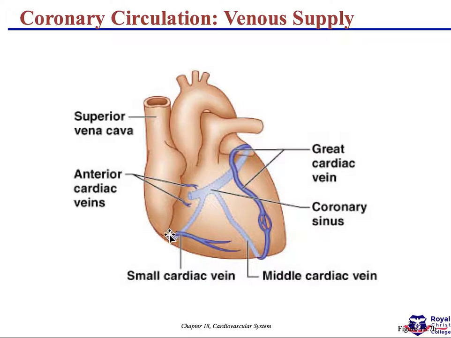Then you can come across and see what's the next major one, probably somewhere on the bottom here. That's known as the small cardiac vein. If you rotate this posteriorly, you see a very large, thick coronary vein, referred to as the coronary sinus, and this drains into the right atrium.